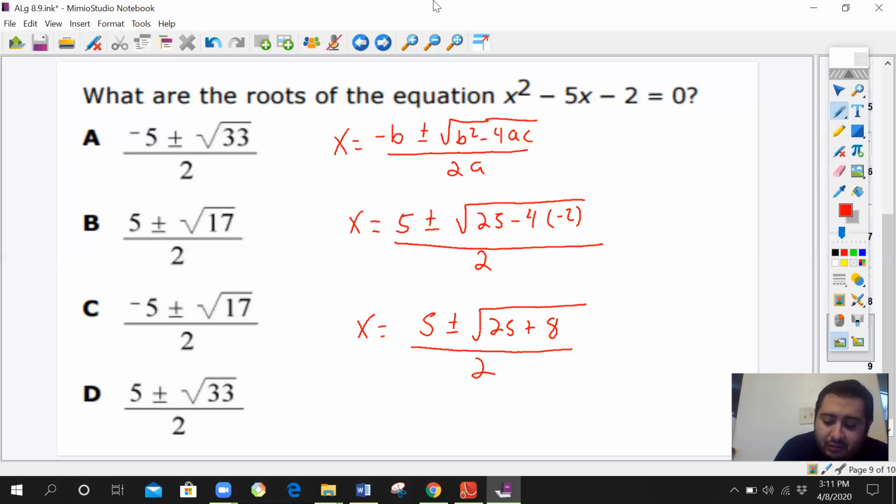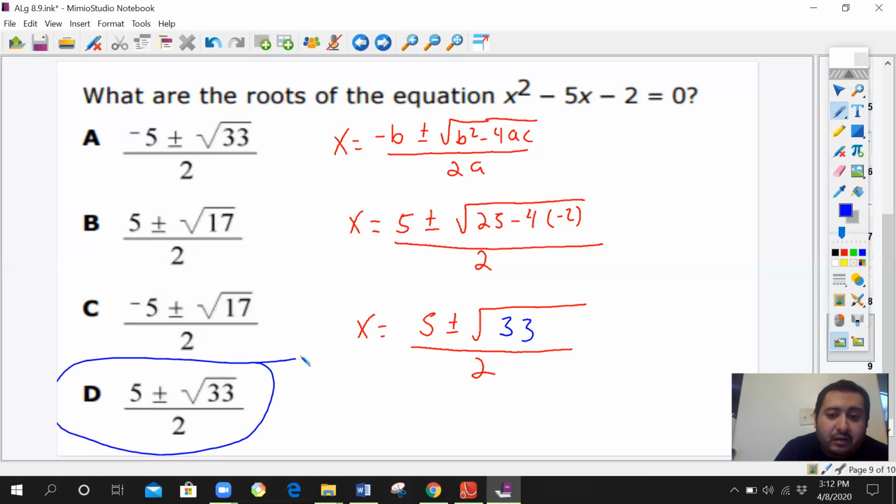That's going to give us, let's see, 33. So if we look at the answer choices, it's letter D. That's why it's very important to know the quadratic formula, because of the answer choices. It could be written in this expression.